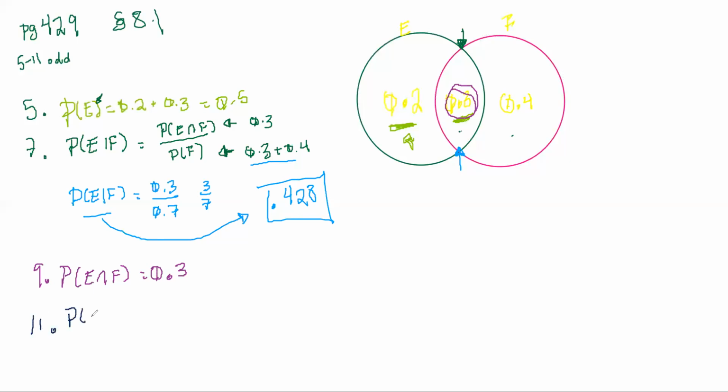This is the probability of E, this bar over top. And if you remember, this bar refers to not.